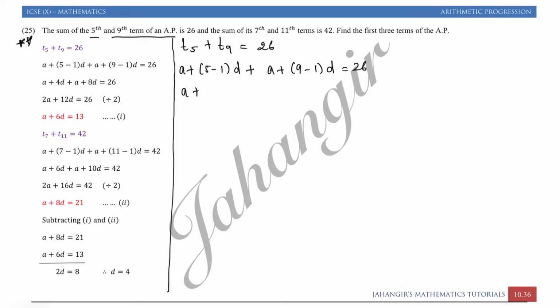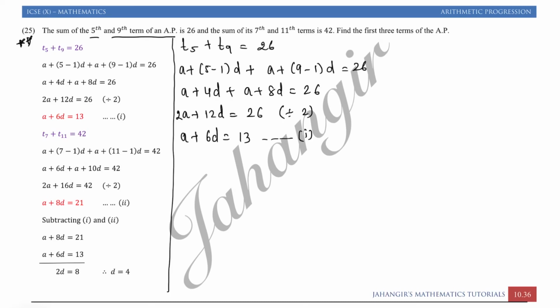Let us solve: A plus 4D plus A plus 8D is equal to 26. Solving it as like terms, 2A plus 12D is equal to 26. We can divide it by 2 so that it becomes A plus 6D is equal to 13. This is my first equation.